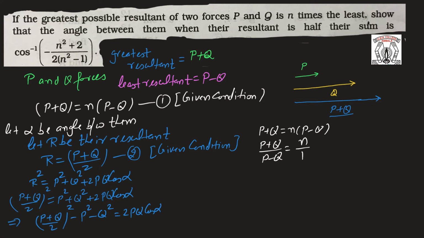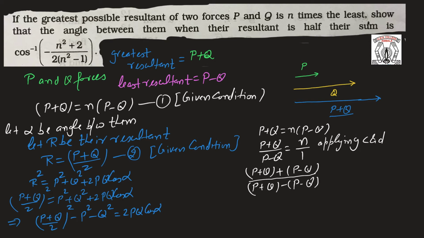So applying componendo and dividendo. See, componendo and dividendo. So what will it be? The sum of the numerator and denominator terms over the difference is equal to n plus 1 over n minus 1.